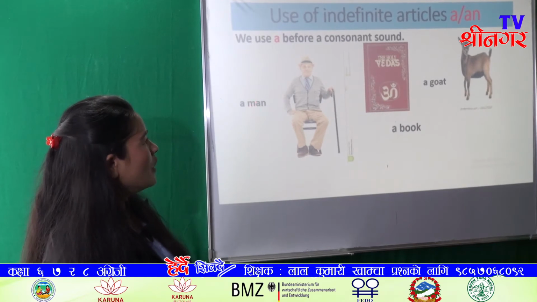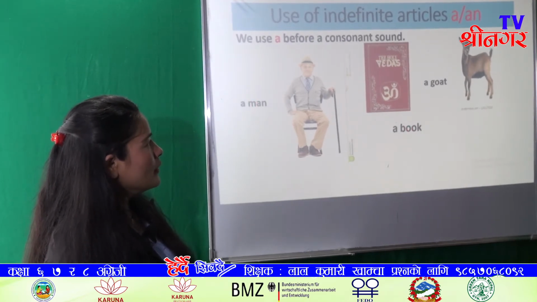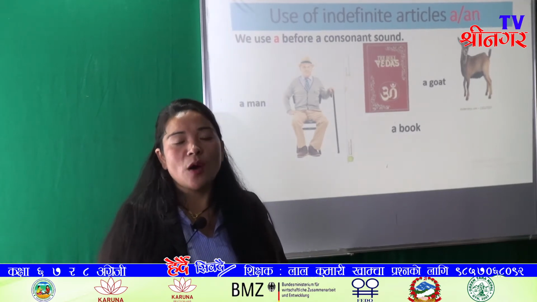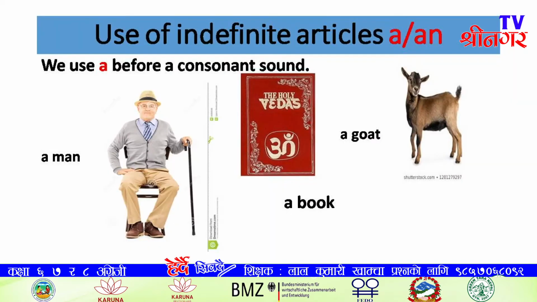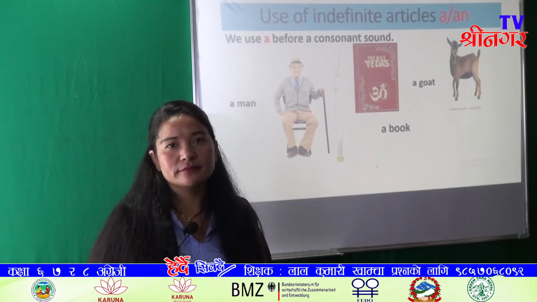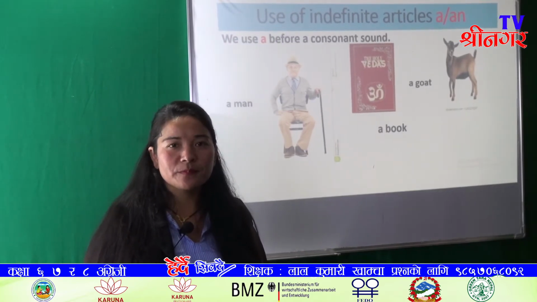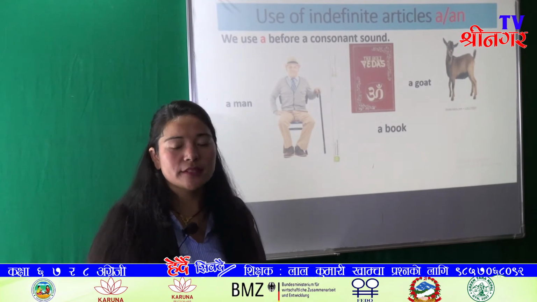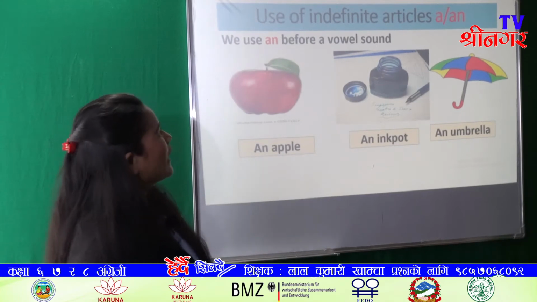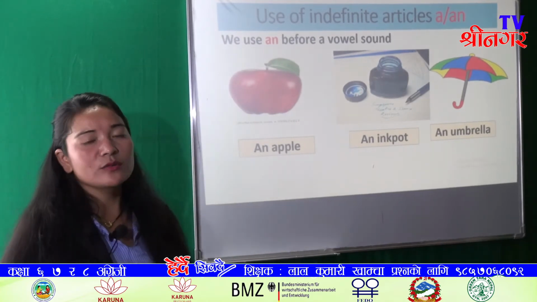Yeah, ma, ba, and ga. These are consonant sounds, and we know before a consonant sound we have to use the indefinite article a. Okay, are you clear?